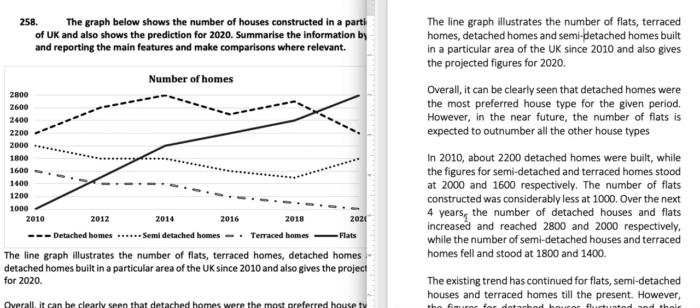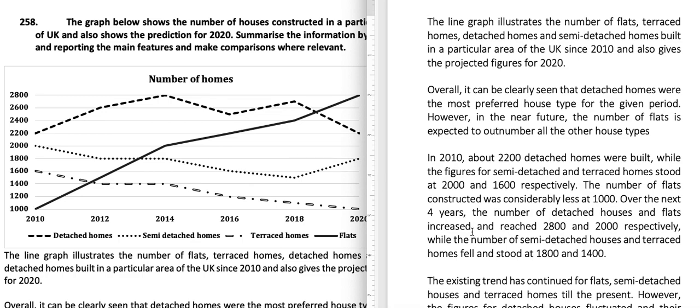Over the next 4 years, the number of detached houses and flats increased. So I've given the figures after 4 years straight away because in 2012 there is nothing specific to report. So in 2014, the number of detached houses and flats increased and reached 2,800 and 2,200.